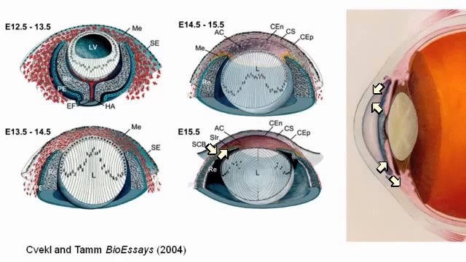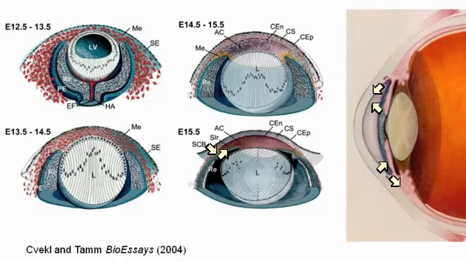So the important thing is that the eye develops from essentially three different tissues: the neural tissue, the overlying skin ectoderm, and then also the migratory neural crest. The ability of the eye to form all of these structures requires a very exquisite conversation taking place between the neural tissue of the neural retina, the overlying skin ectoderm, which is going to give rise to the cornea and the lens.